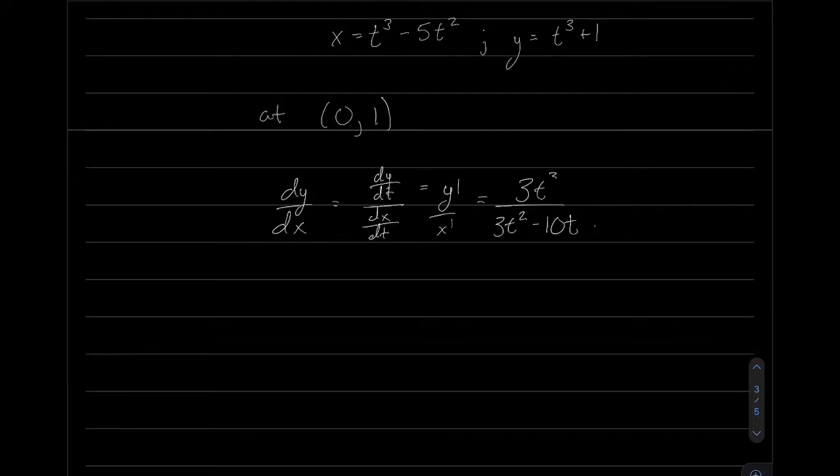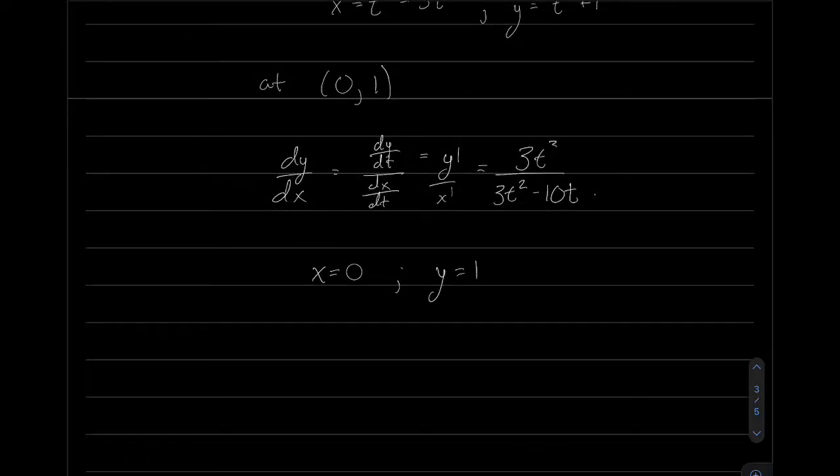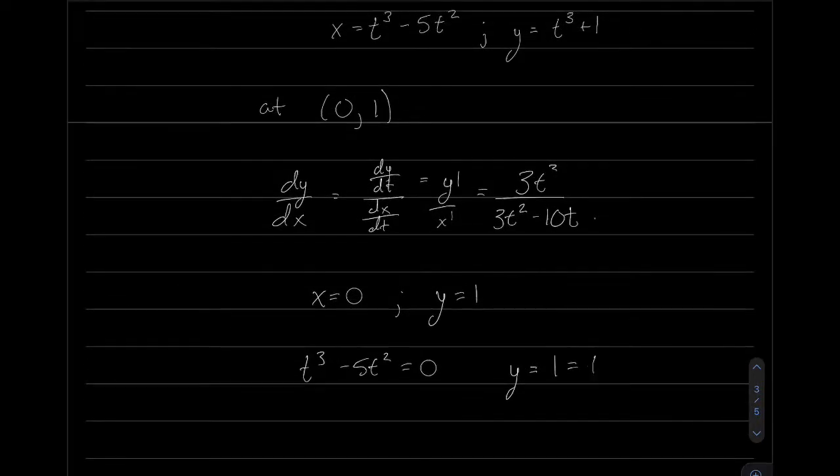Okay. Now, if we were to look at the point 0, 1, we have to solve for t in order to figure out if this actually exists. So for x equals 0 and y equals 1, we're going to have that t cubed minus 5t squared is equal to 0. And we're going to have that y, which is equal to 1, is going to be equal to t cubed plus 1.